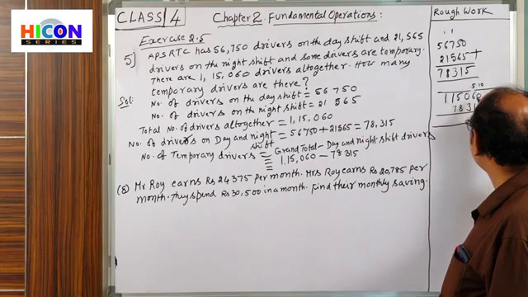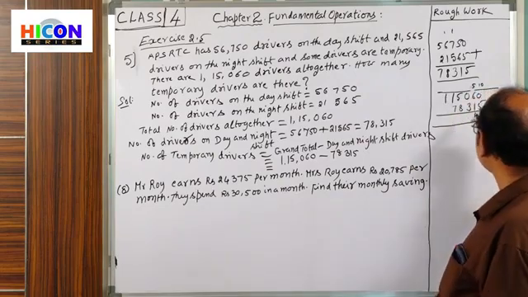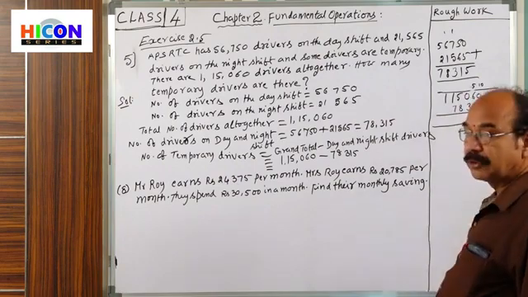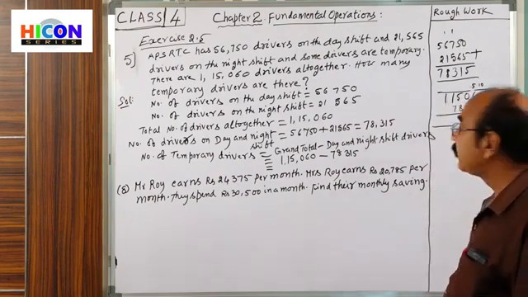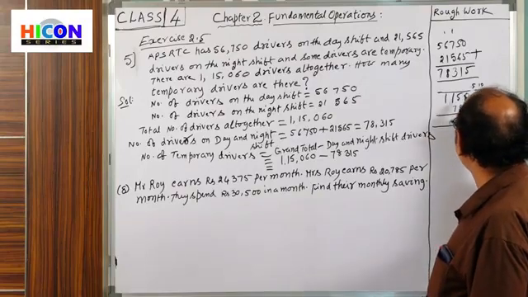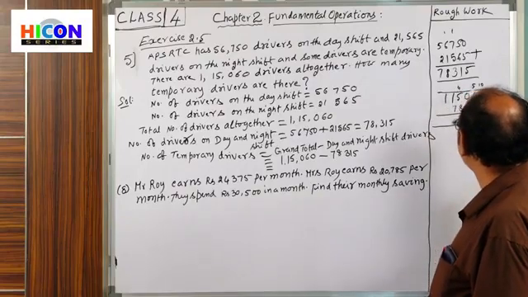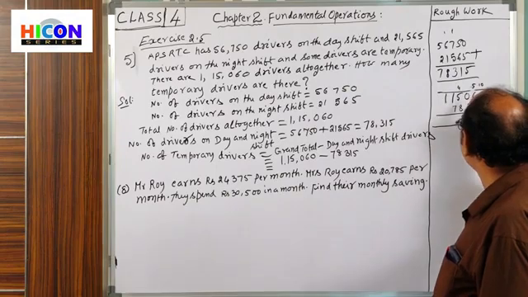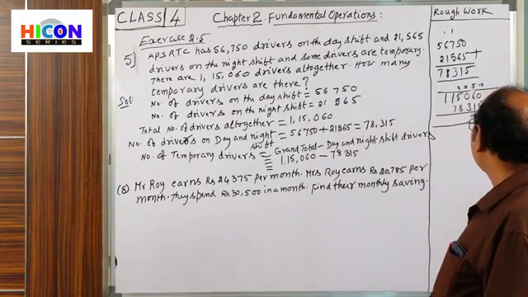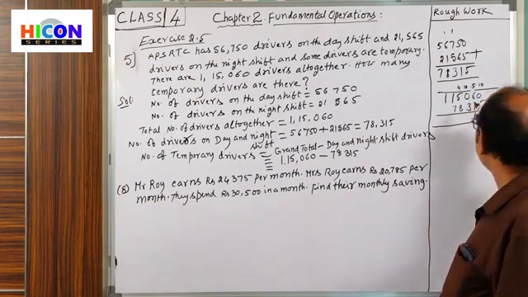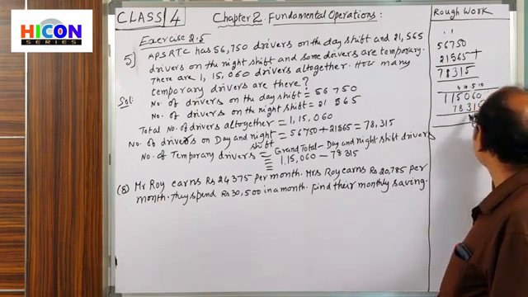Here 5 minus 1, 4. Now we cannot subtract 3 from 0. That's why ask borrow from its before place. Then 5 becomes 4 and 0 becomes 10. Now 10 minus 3, 7.